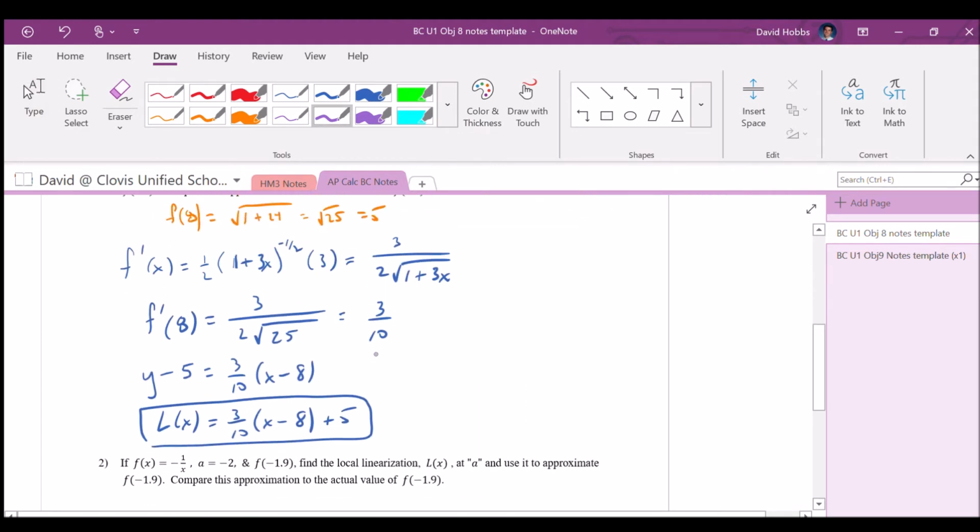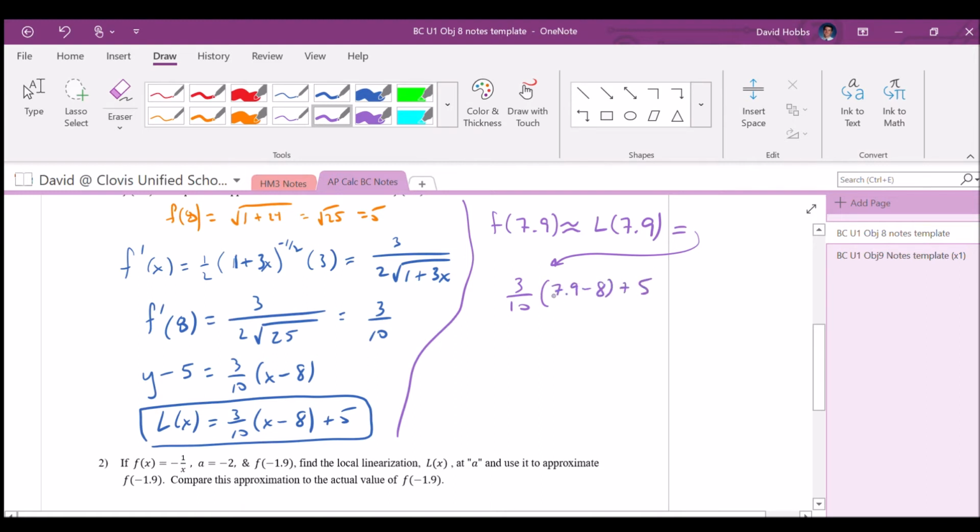Okay, so f of 7.9 is approximately L of 7.9, and this is equal to, I'm running out of space, 3/10 times 7.9 minus 8 plus 5.